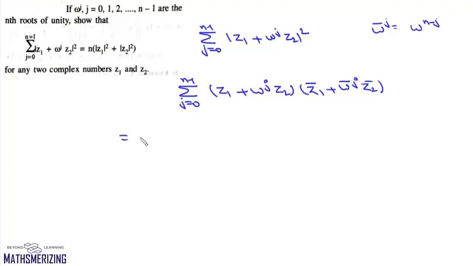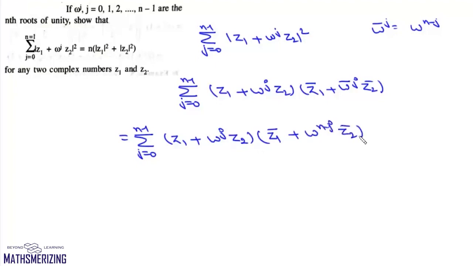So we can write this summation as the summation, j varies from 0 to n minus 1, of (z1 plus omega to the power j z2) times (z1 bar plus omega to the power n minus j into z2 bar). Now we'll multiply them.